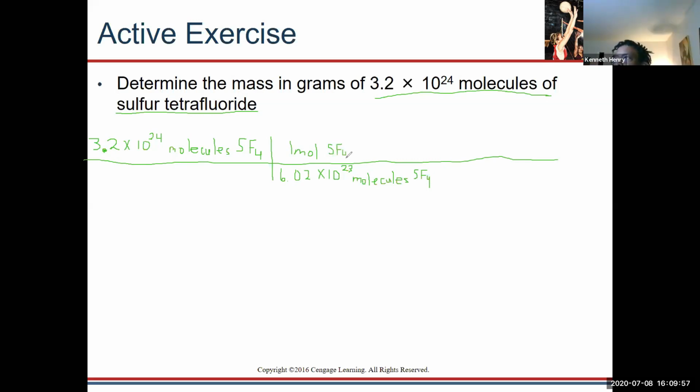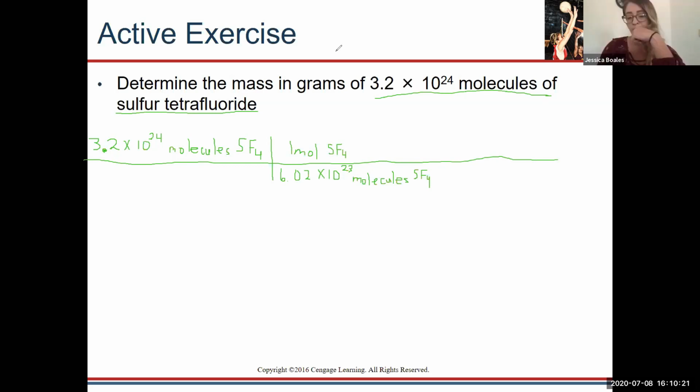Okay, so what were you going to ask me, Jessica? That's where I'm getting a little confused, because I thought that the mole and molecules are not the same thing. So why do we put the 6.02 times 10 to the 23rd molecules? A mole and a molecule are not the same thing, right?